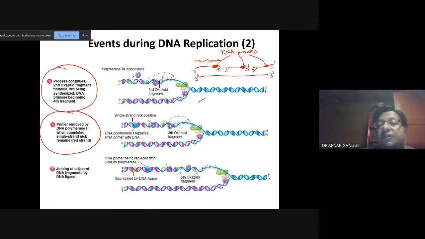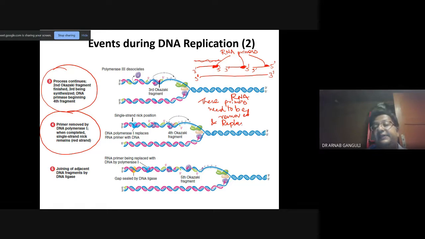So these primers need to be removed and replaced with DNA, because we are dealing with DNA.